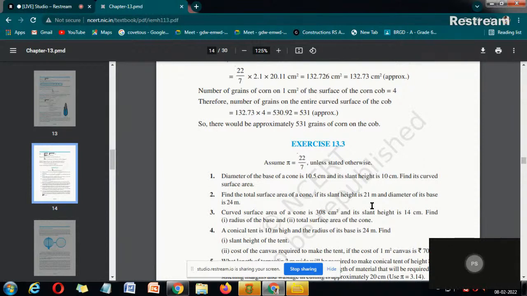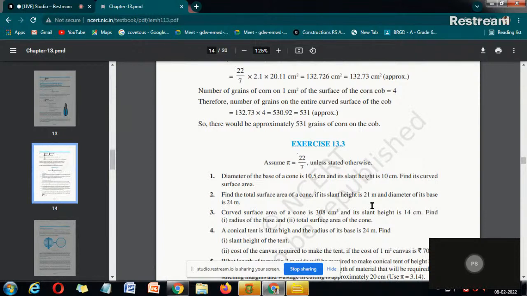Slant height is 14 plus 7. 7, 7 cancel. 22 into 21. 462 centimeters square is the total surface area. Clear? Yes, it's right.